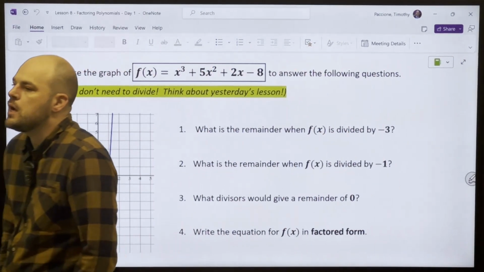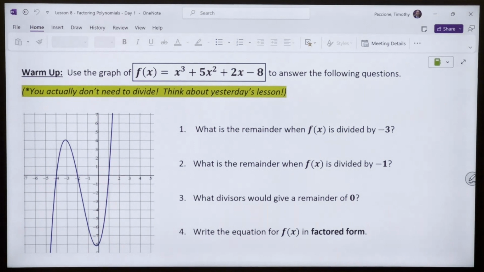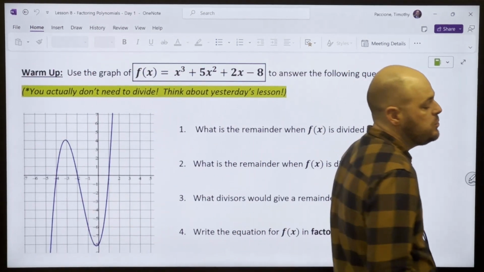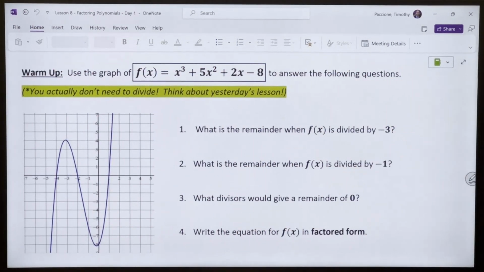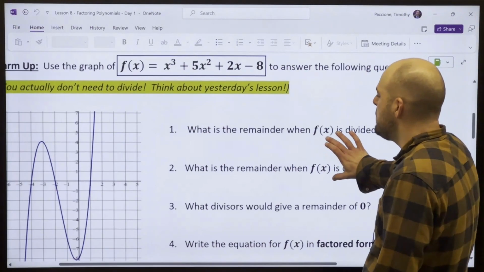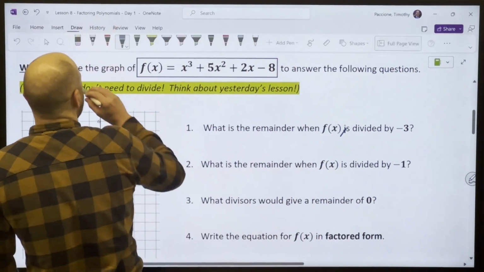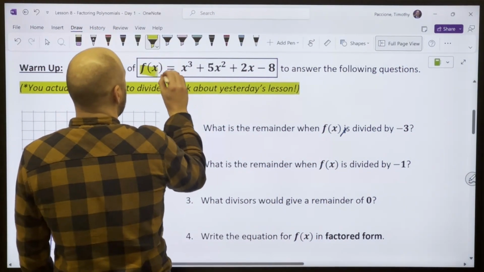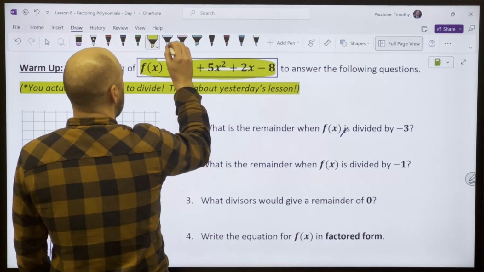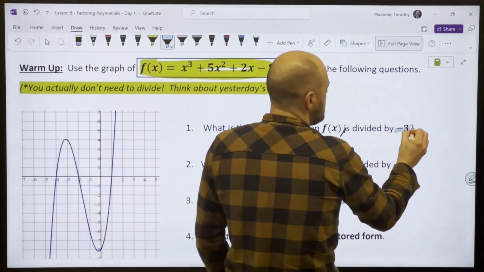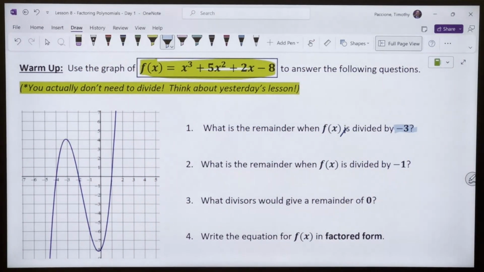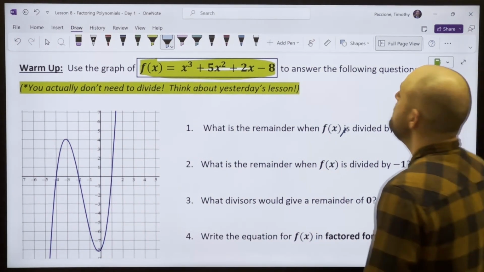So, for your warm-up, again, I'm telling you that you don't actually need to do the synthetic division. I mean, you could to check your work maybe, but let's say we were going to do it. Well, I would be dividing this, and then this is the thing it wants me to divide by, right? That's the root it would want me to divide by.